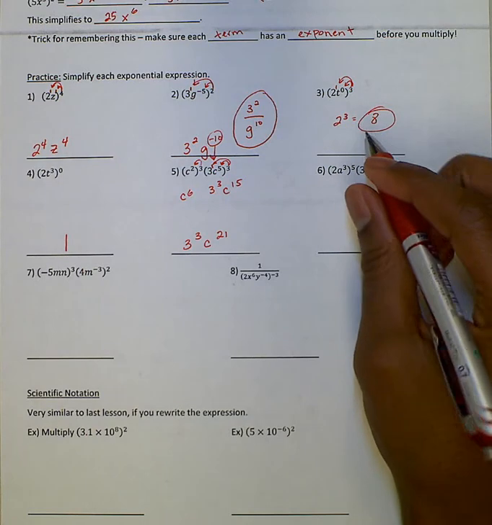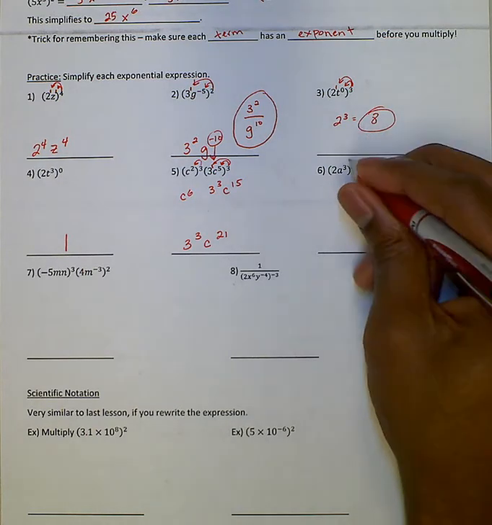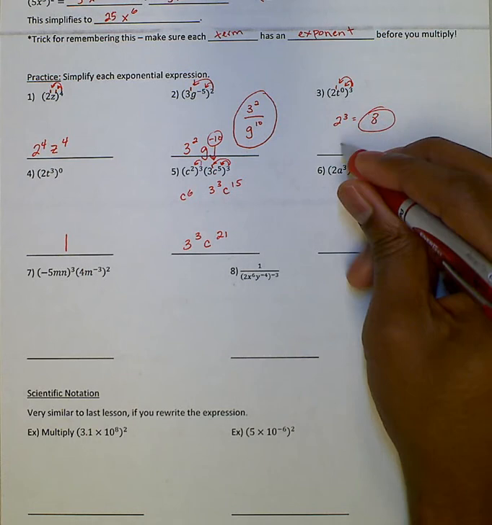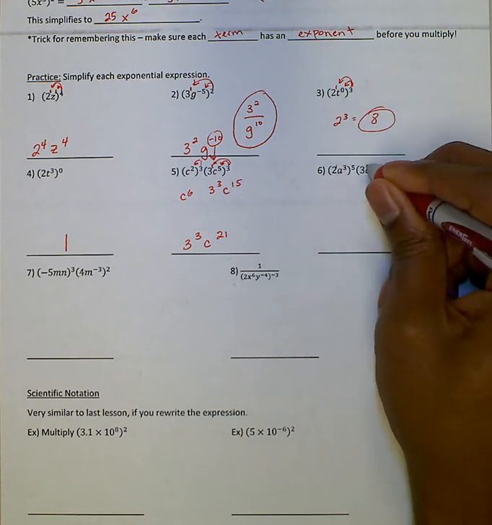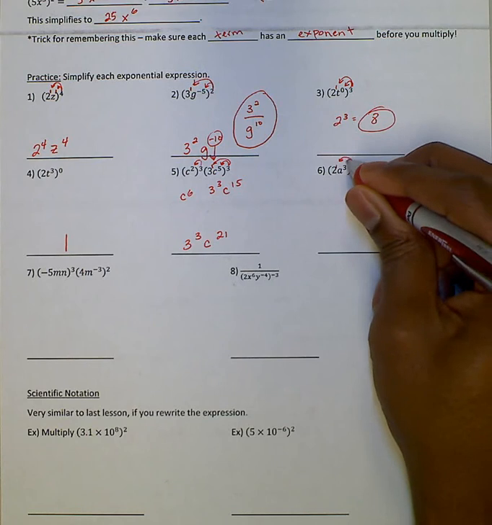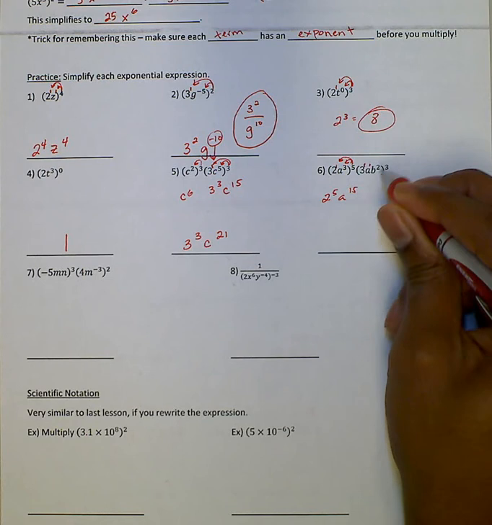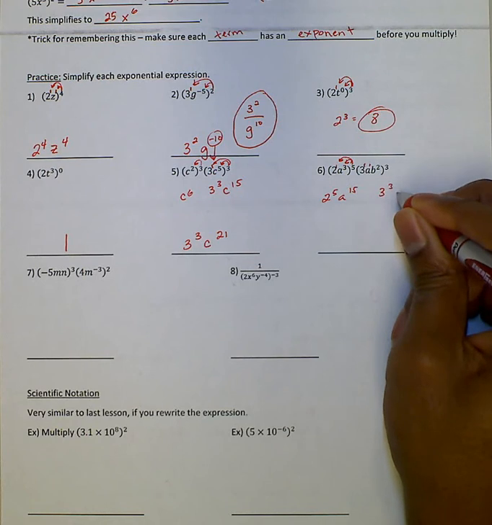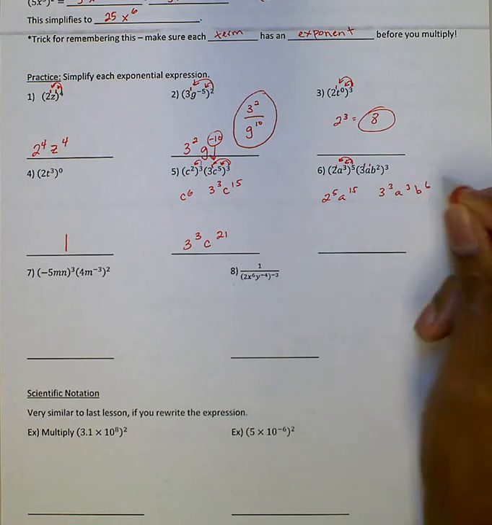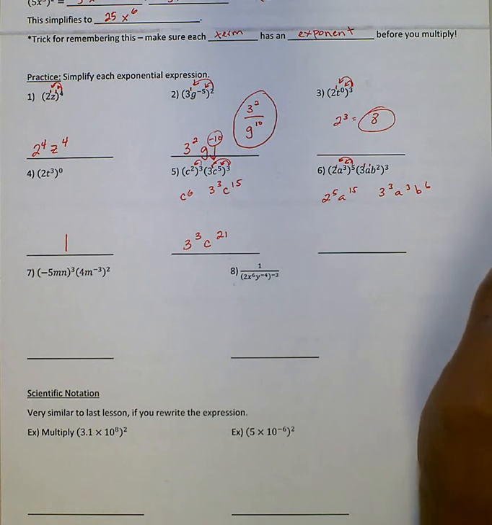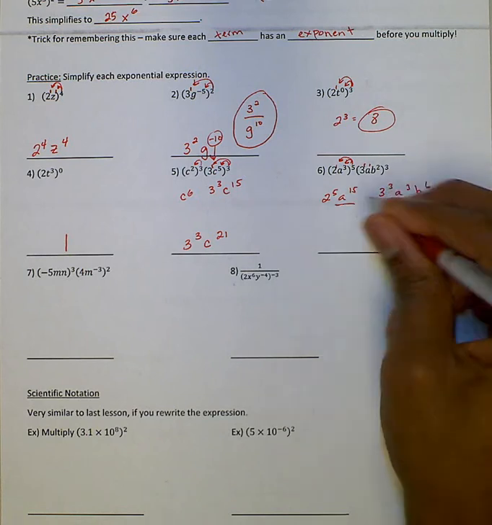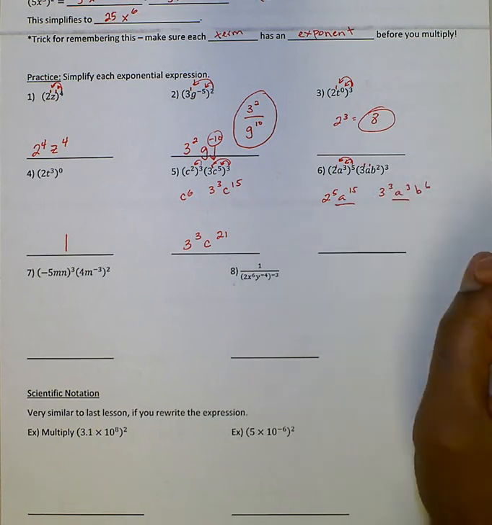I'm going to do 6 as the last one here. Make sure each term has an exponent. Distribute. So I have 2 to the 5th, a to the 15th, 3 cubed, a cubed, b to the 6th. Now I'm going to put these together, which gives me a to the 18th.